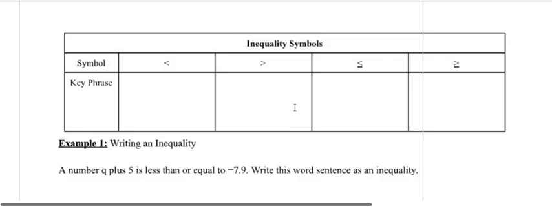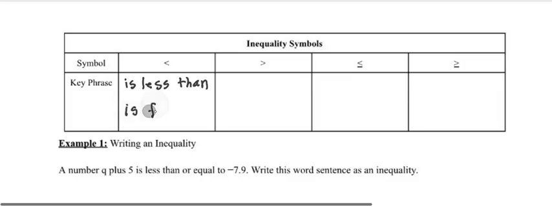Now, as we look at this symbol right here, what does that mean? Less than. Okay, so we're going to write "is less than." You're also going to see "is fewer than."